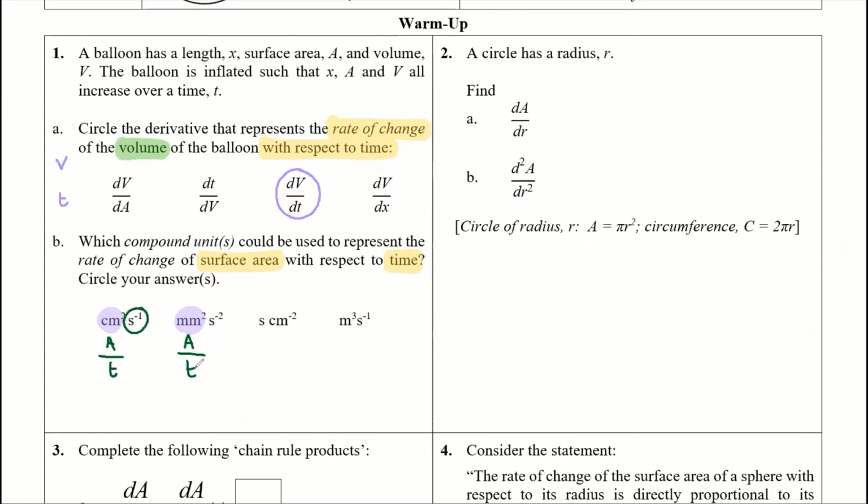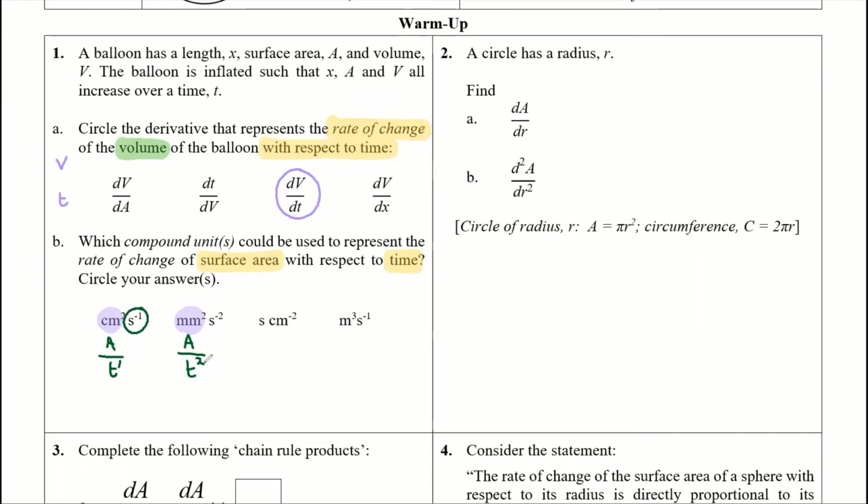So millimeters squared per square second. However, if you notice, the first one has s to the power -1, so we're going to have t to the power 1 there. This is t squared. So that's the derivative of the area with respect to the square of the time.